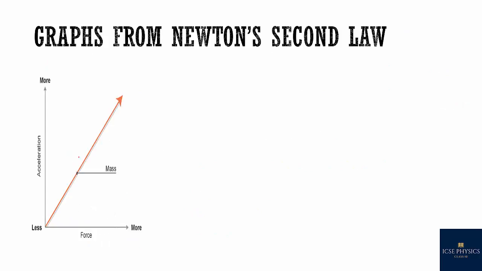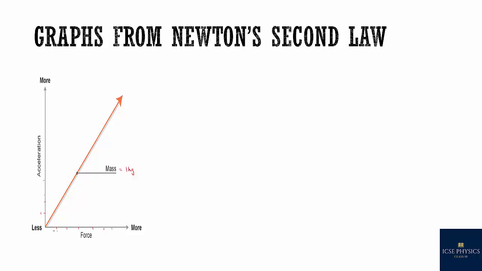Now the first case was mass is constant. Suppose mass is kept as 1 kg. Let's plot this graph. You must have known this in maths. I am plotting this graph as 1, 2, 3, 4, 5, 6, 7, 8. Similarly here, 1, 2, 3, 4, 5, 6, 7, 8, like that. It goes on. So force is at 1 Newton. Suppose force is at 1, mass is 1, then acceleration will also be 1.